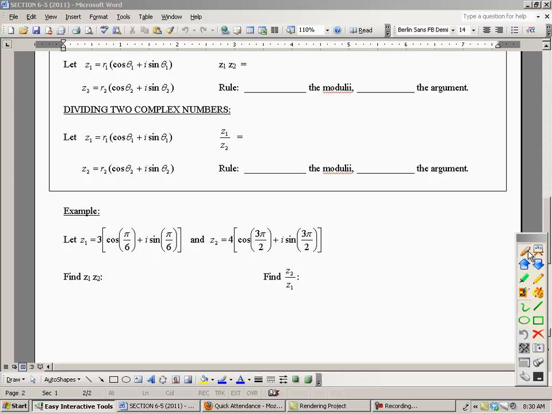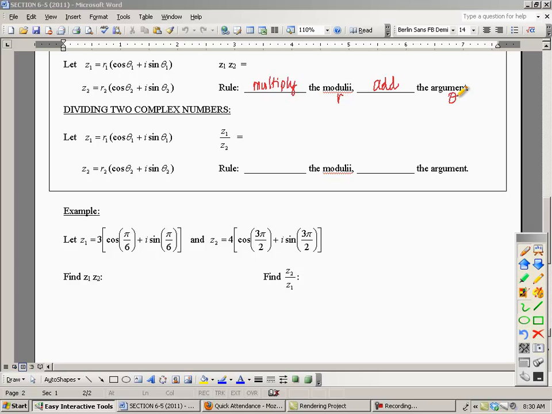When you multiply two complex numbers in trig form, what you want to do is multiply the moduli. So multiply the R values, okay, and add the arguments, and the arguments are your angles.